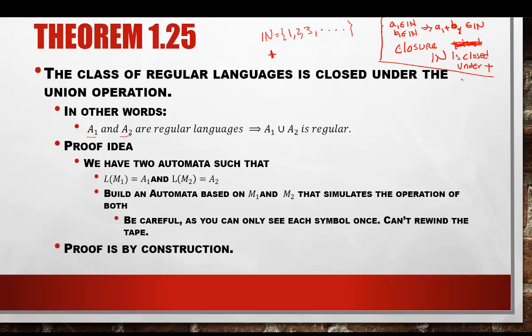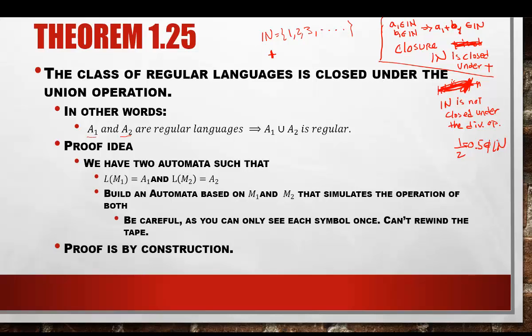The division operation is an operation that the set of natural numbers is not closed under. That's obvious. If you divide 1 over 2, you get 0.5, which obviously is not a natural number.